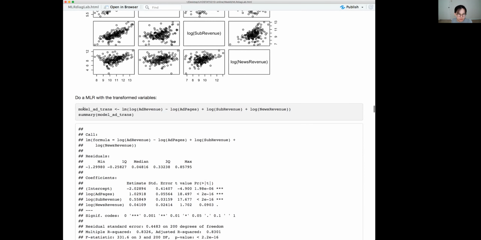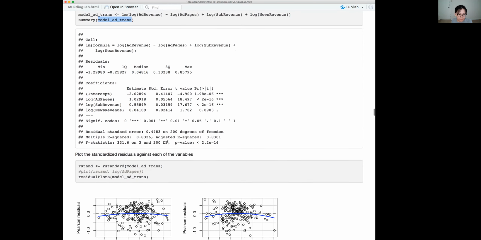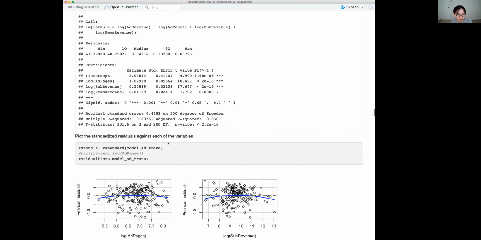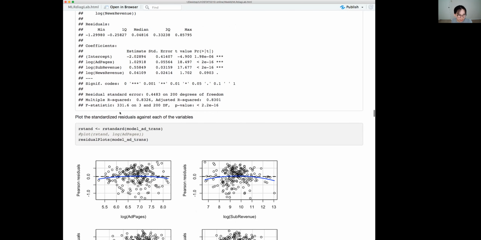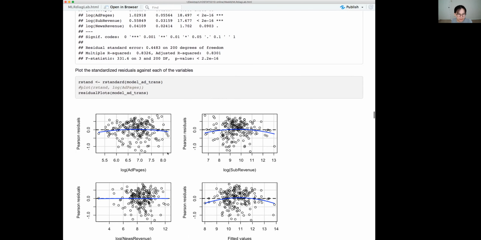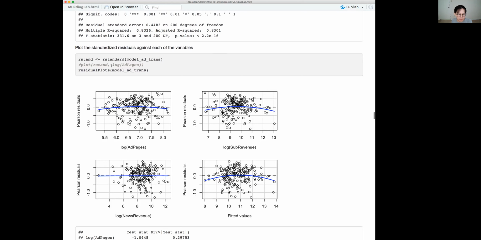Let's fit this model and do a summary. The model is pretty good, with a pretty high R squared. We check the standardized residuals. They look all right, and pretty horizontal.